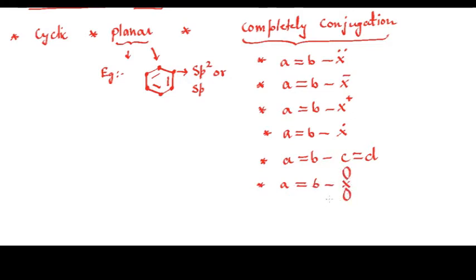So these are the criteria where you can see complete conjugation, and all these conditions need to be followed with the triple bond as well.